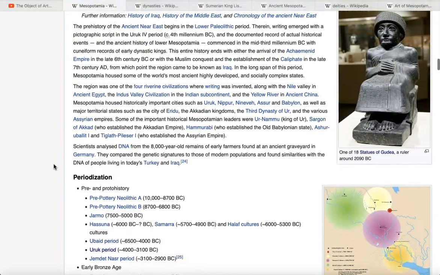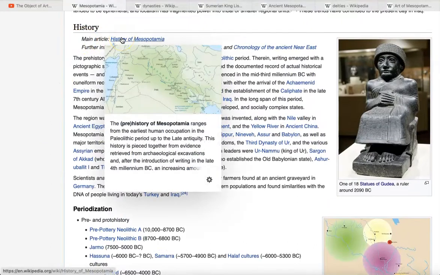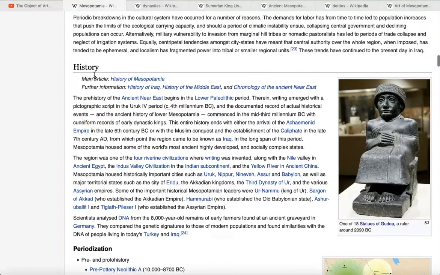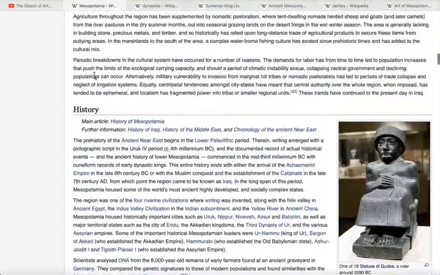So I very, very strongly suggest looking at this. And they have another article where you can open it up and see the history of Mesopotamia. We're not going to do that today, but we might do that in future videos, depending on which work of art we're looking at.